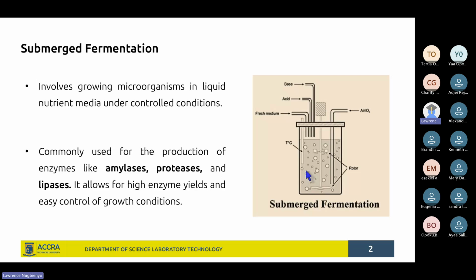We did see all those things. So you can use such a submerged fermentation process for the production of these proteins.